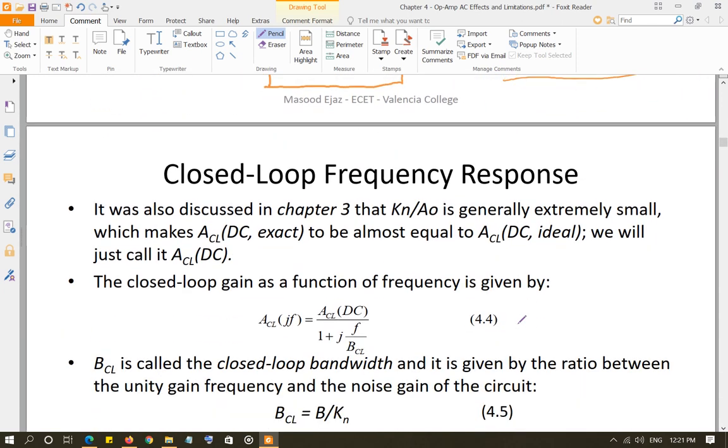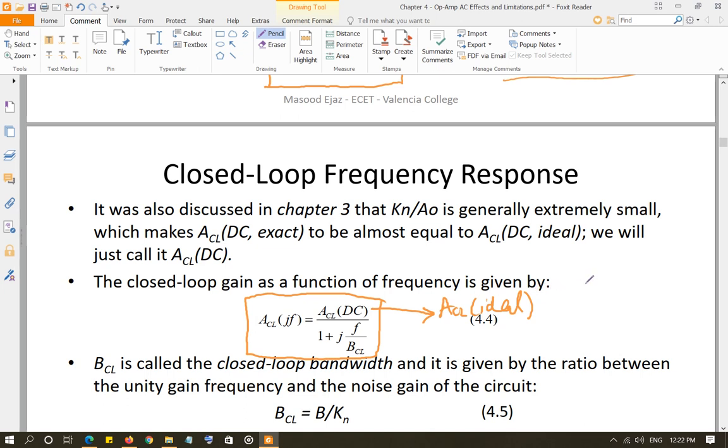then we can write the closed loop equation of the gain in terms of the frequency: ACL as a function of frequency f is ACL DC, that is ACL ideal. So ACL DC, we are assuming here the ACL ideal value. So let's say if it's an inverting amplifier, that is going to be negative RF over R1.